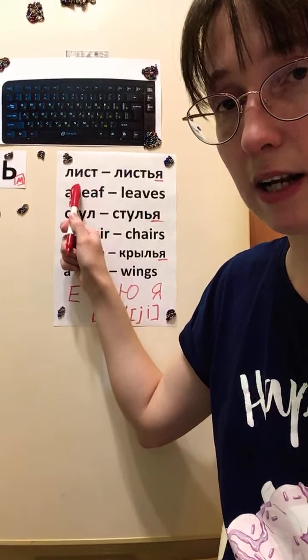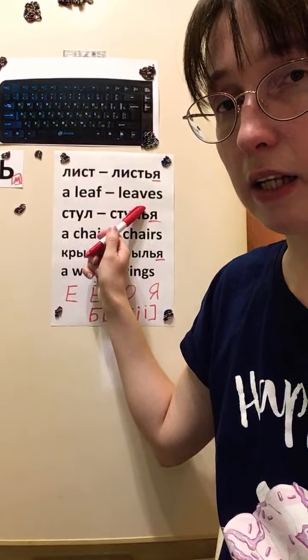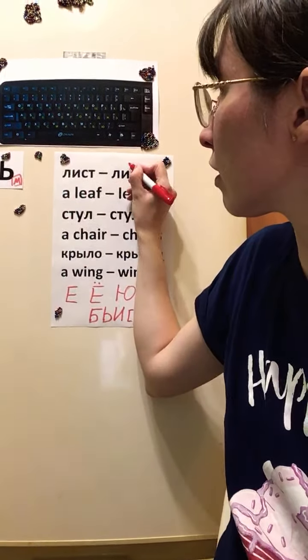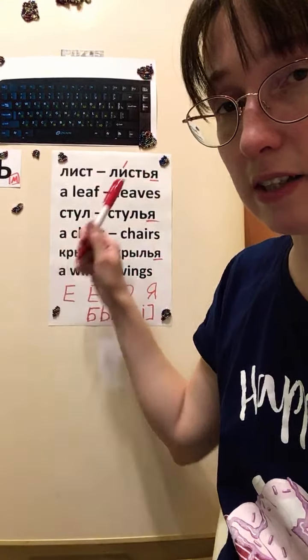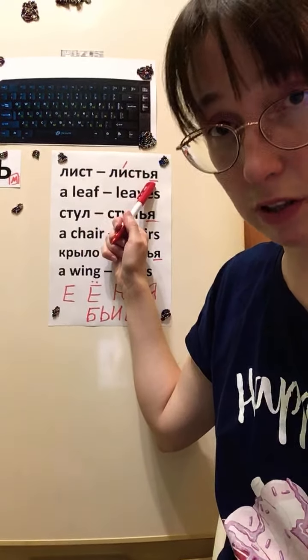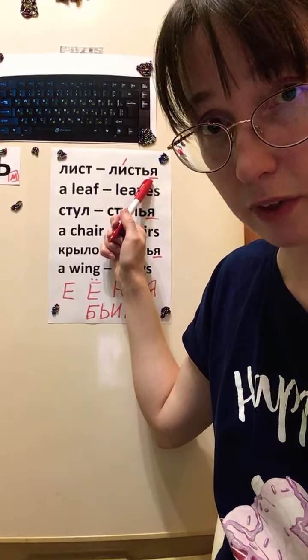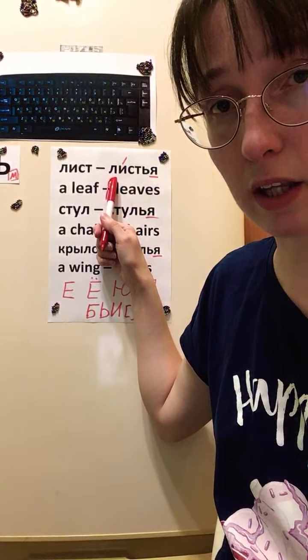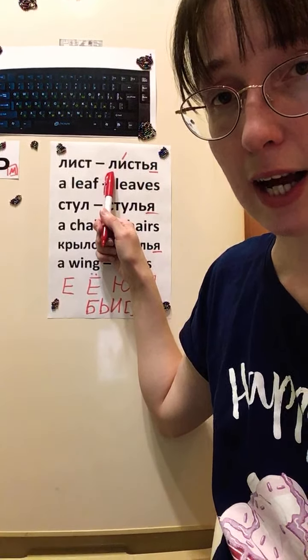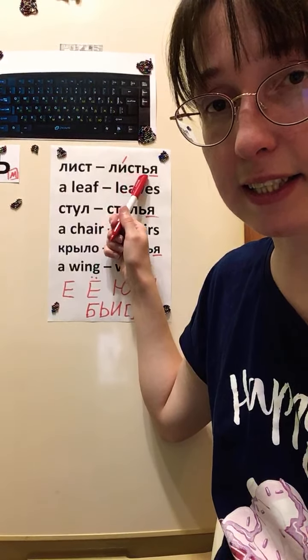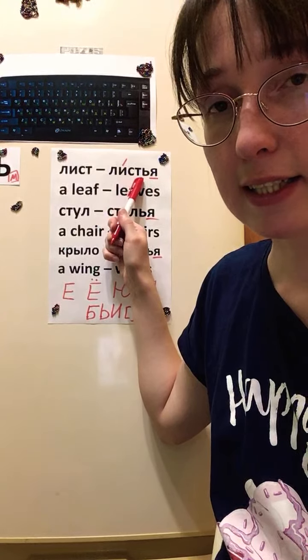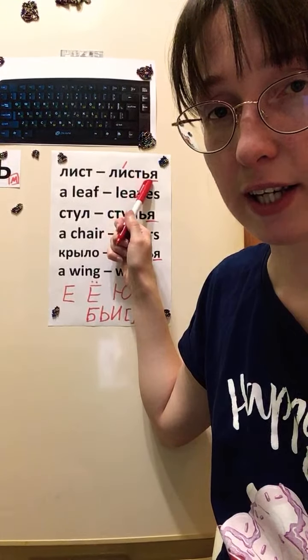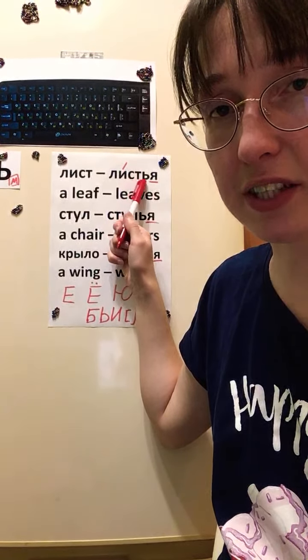A leaf, list. Leaves. E is stressed. Ya is pronounced like ya. Try to read this word by yourselves first. 1, 2. Listya. T is soft. Tya, tya.